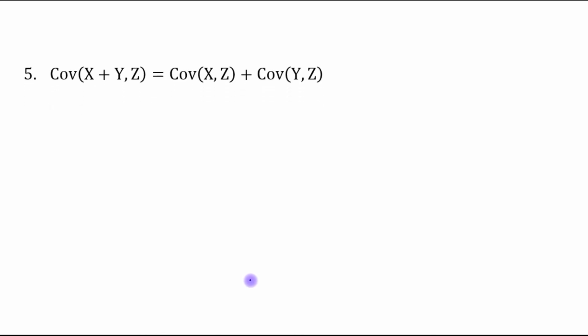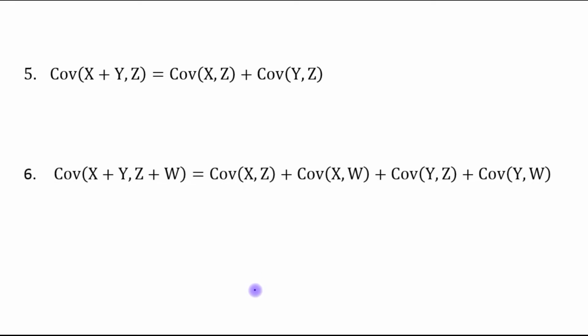Fifth remark, covariance between x plus y and z equals to covariance between x and z plus covariance between y and z. And last remark is covariance between x plus y and z plus w equals to covariance between x and z plus covariance between x and w plus covariance between y and z plus covariance between y and w. Okay.